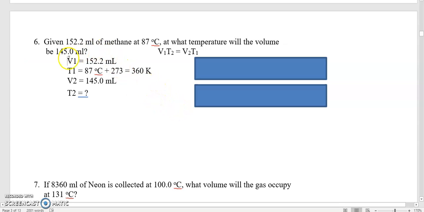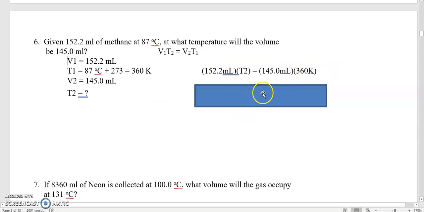So we have V1, T1, V2, but no T2. And so I'm going to plug it into our equation as we see here. V1 is going to be with T2, V2 is going to be with T1, and you should see this occurring. Don't forget, we have to add 273 to 87 degrees Celsius to make it 360 Kelvin.